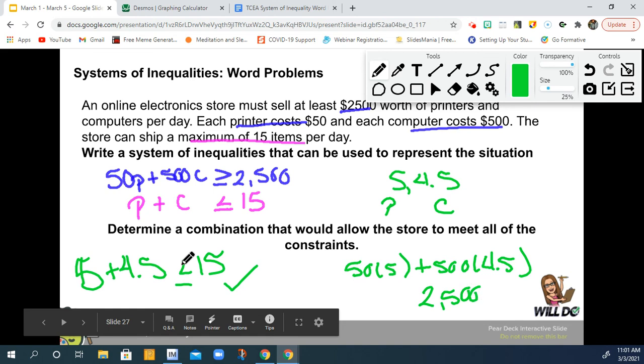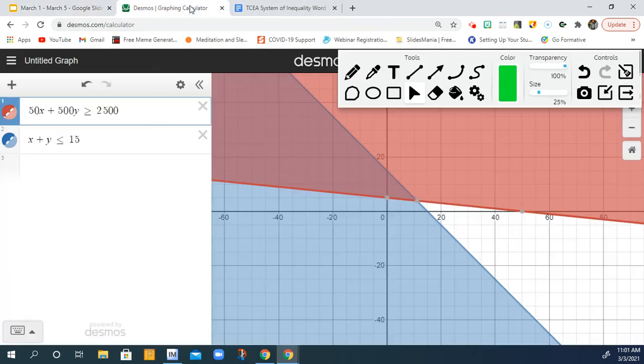So that one was right on the money, which is greater than or equal to, the equal to point counted. So yes, this particular piece represents the situation, and it is a combination that works. So as you go into the section that is double shaded in Desmos.com, it will be a particular point that will be a solution to the systems of inequality.